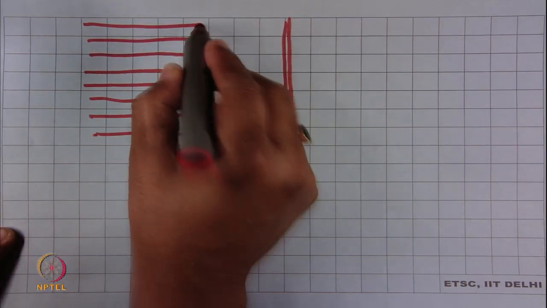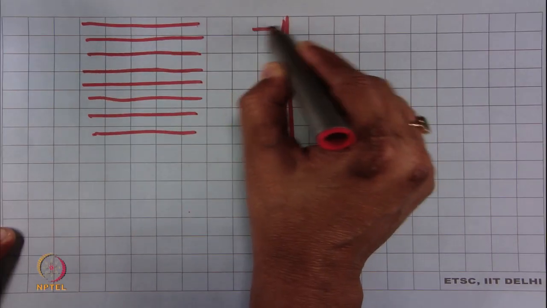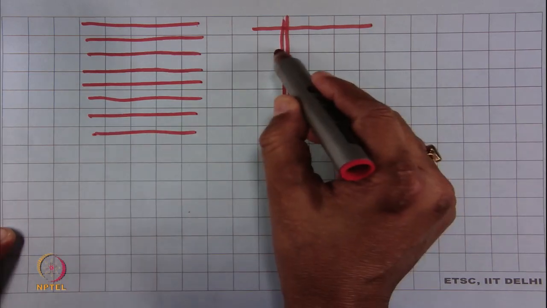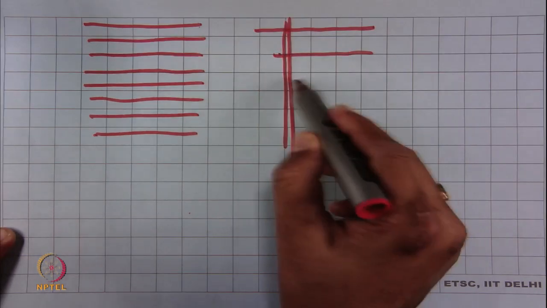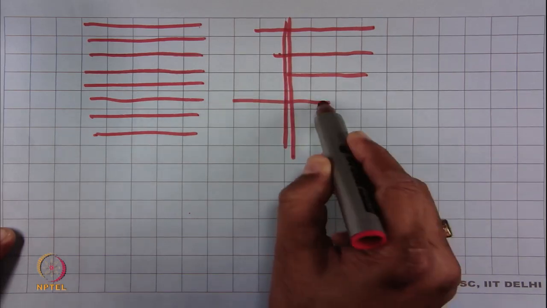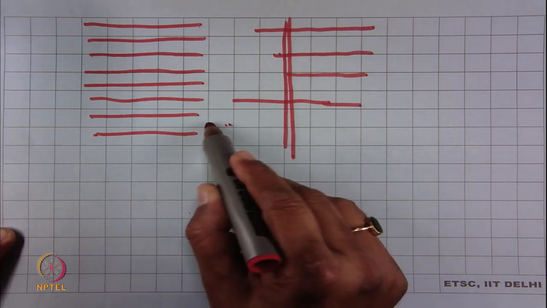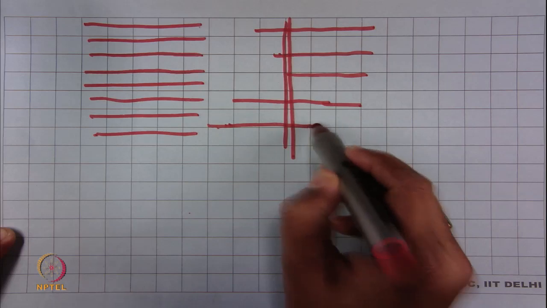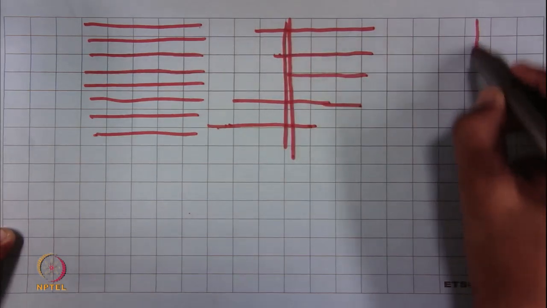So, this fiber is clamped at this point, this fiber is clamped at this point, this fiber is clamped at the end point, this fiber is at the middle, this fiber is at this point, say, like this.